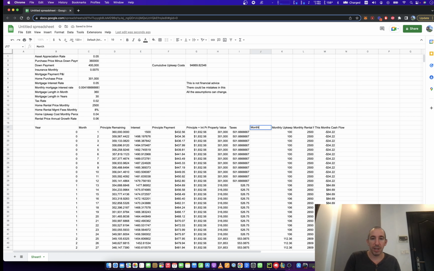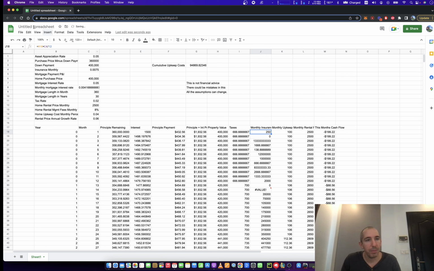So monthly insurance is going to be, right, we want to do it off of the asset value. All right, monthly insurance off the asset value. It's going to be this divided by 12. Right, and you have to put the F4.